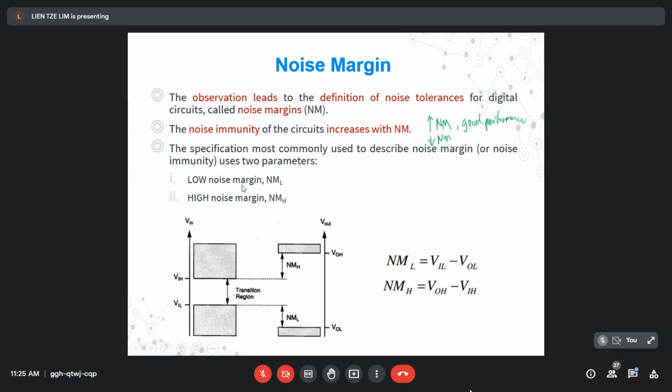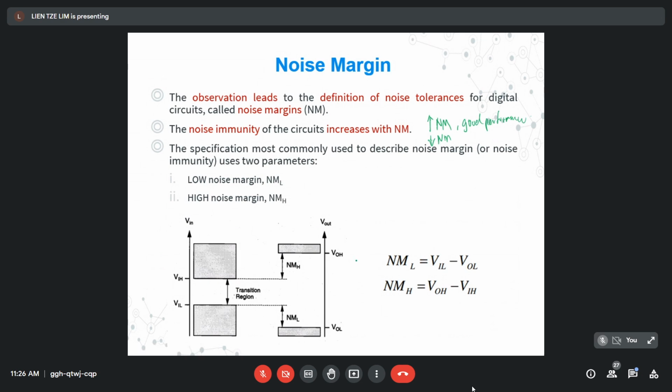Low noise margin is NML. You see this term, this means noise margin. L is low, and then high noise margin is defined as NMH. So when you are asked to find these two noise margins, low and high, you can use the formulas given here.